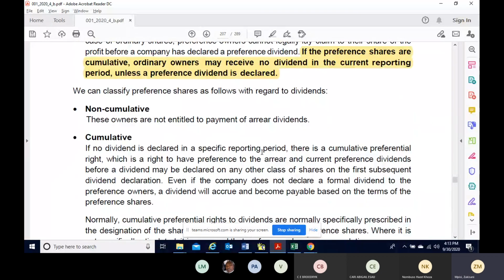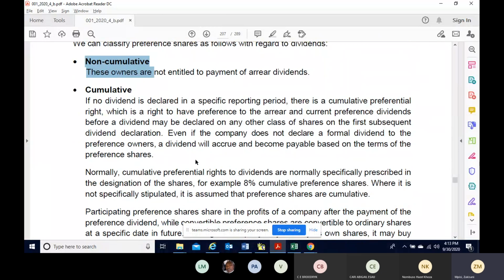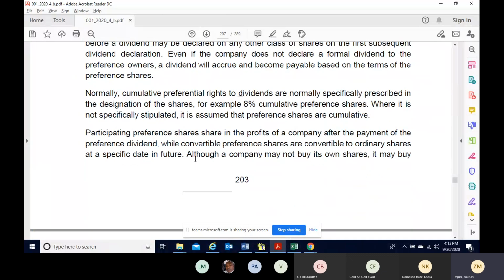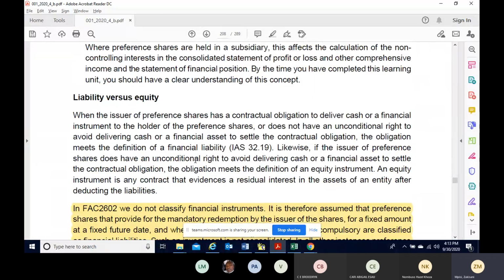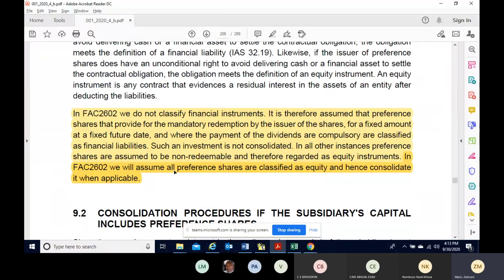So here are examples of classification or types of preference shares. Non-cumulative: if it is not paid in the current year, you are not entitled to it in future. Cumulative means that as it is not paid, it is accumulating until profits are available to pay for it. This is liability versus equity.